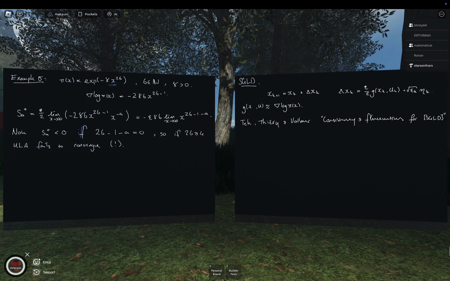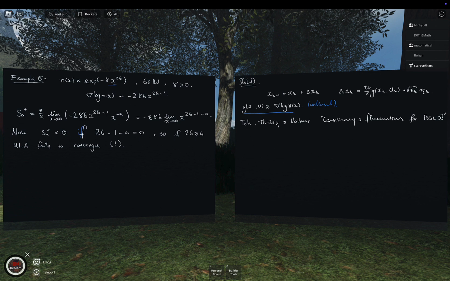The two differences from how it's normally written down are that they consider just a general unbiased estimator of the gradient, which they impose assumptions on, and they consider a possibly step-dependent sequence of step sizes rather than a fixed step size.